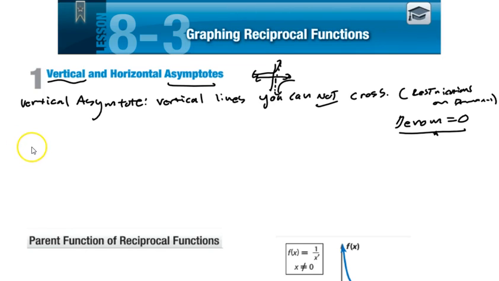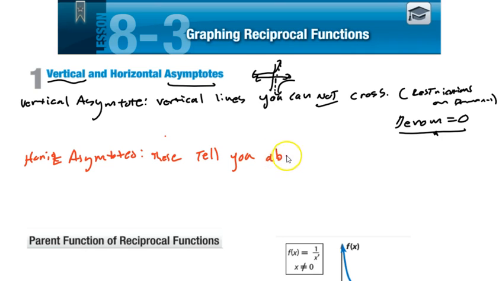Horizontal asymptotes, on the other hand, you can cross. Horizontal asymptotes tell you about the end behavior of your graph.